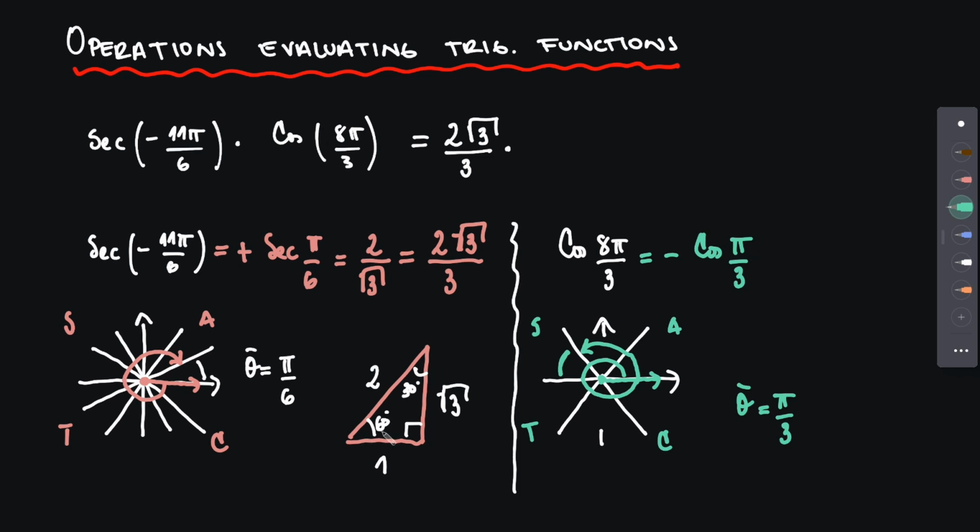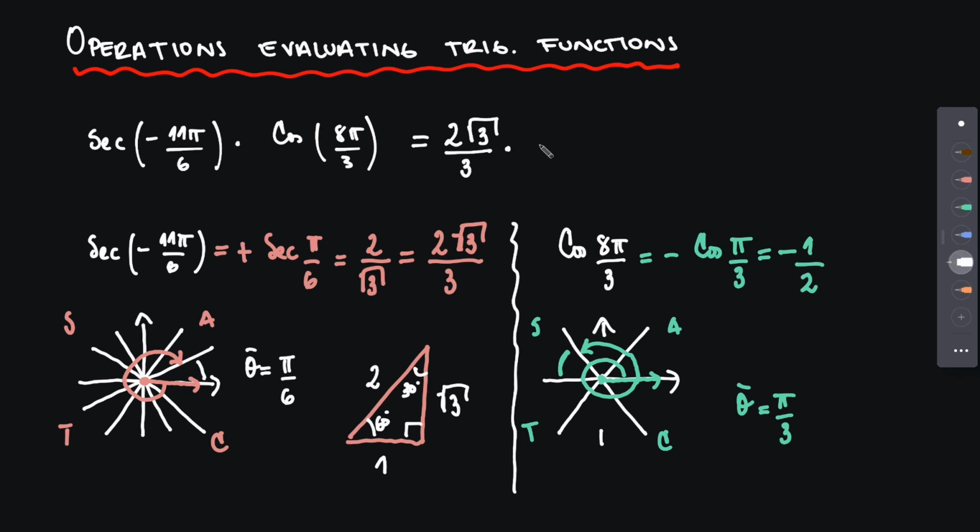So 60 degrees, and cosine, remember, is going to be adjacent over hypotenuse. So the adjacent side to 60 is going to be 1. So this is going to be equal to negative 1 over hypotenuse, and hypotenuse is 2. So that's my value. My value for cosine of 8 pi over 3 is negative 1 over 2.